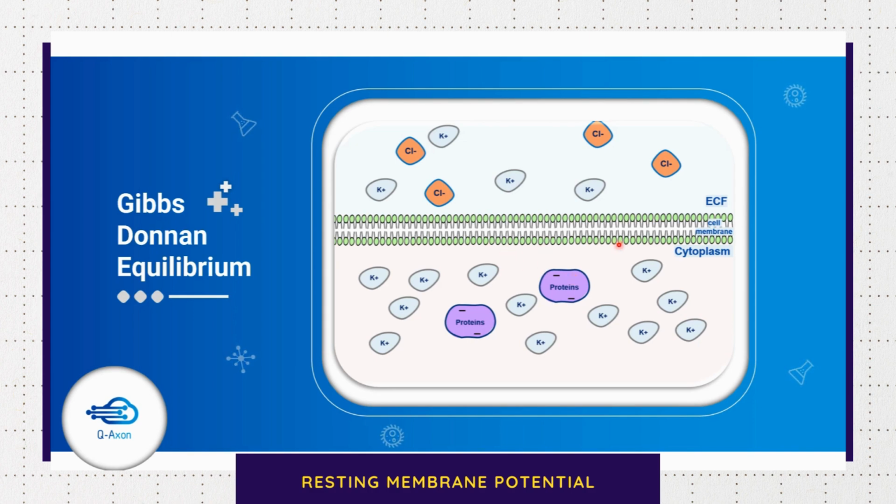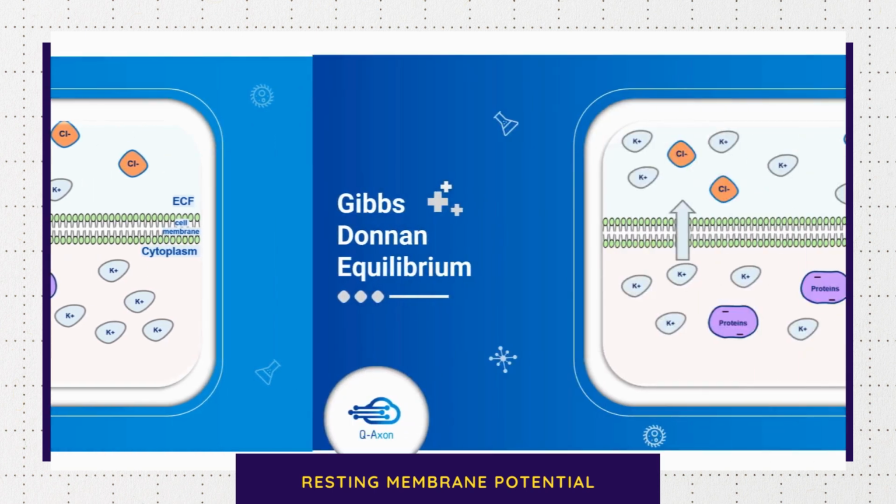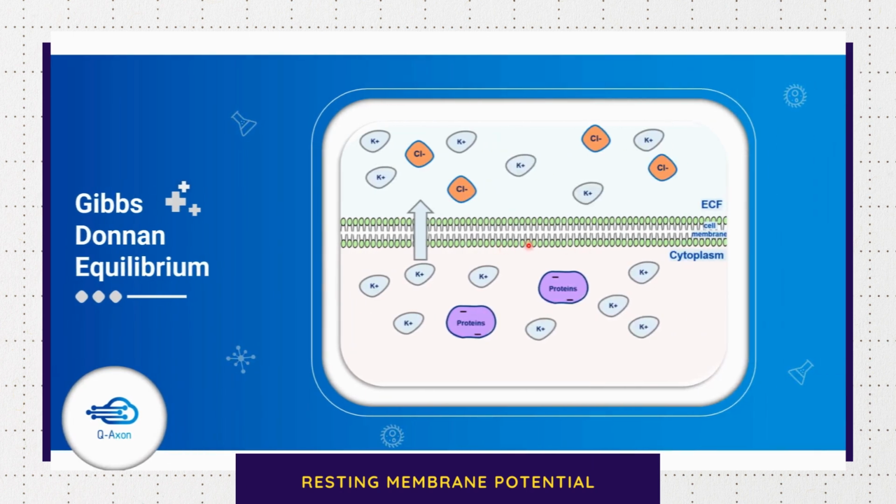Plus, the cell membrane is impermeable to these negatively charged proteins. Now, on the membrane there are leaky channels for potassium ions. That means the membrane is permeable only to potassium ions.